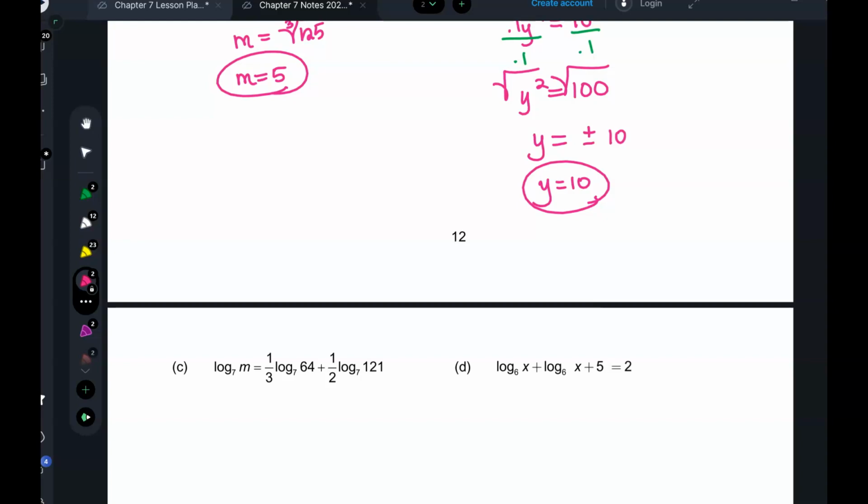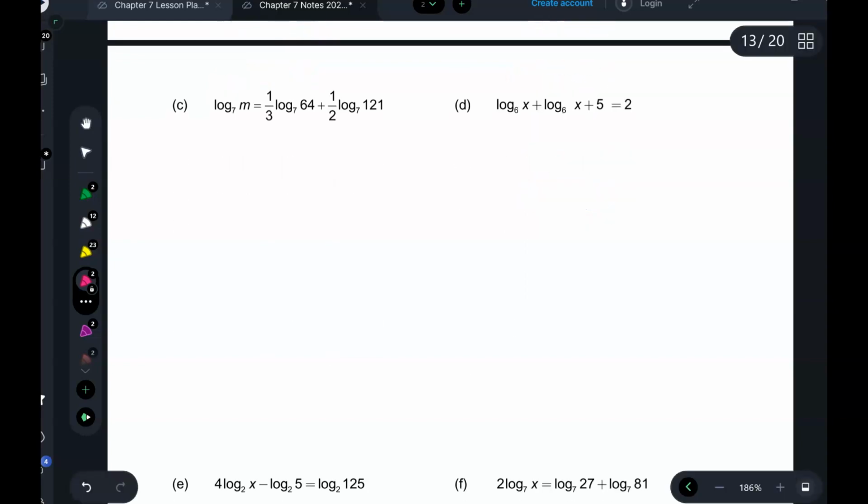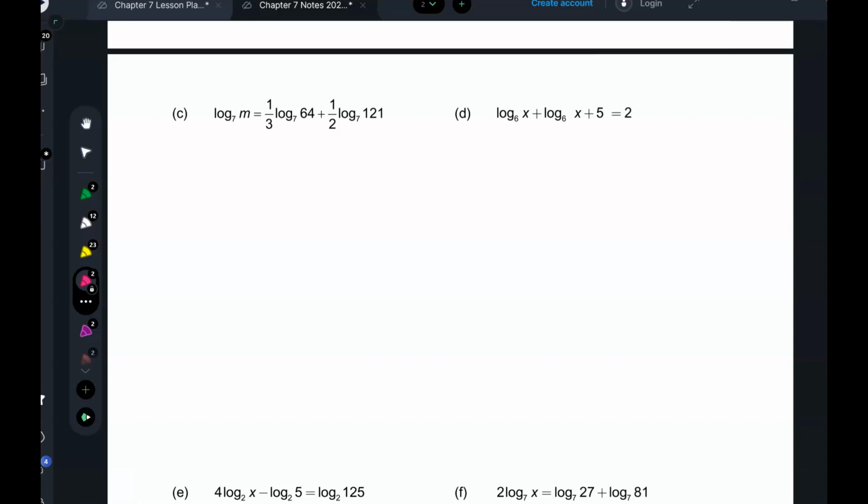But why would it be y equals plus or minus? Because anytime you take the square root, as long as it's a square number, you'd still have plus or minus. Like 4 squared, it's a square root. So yes, plus or minus.